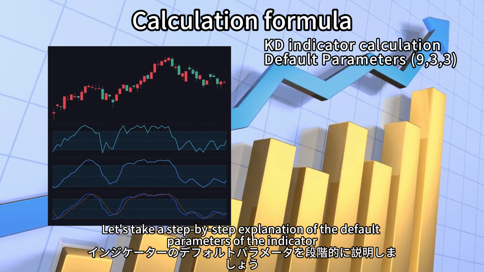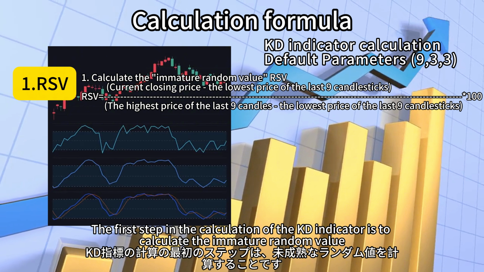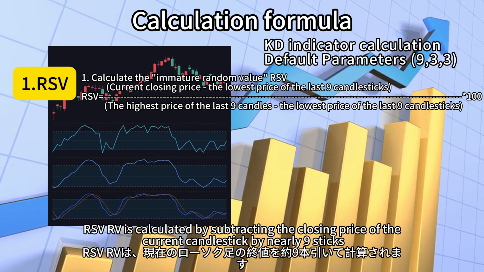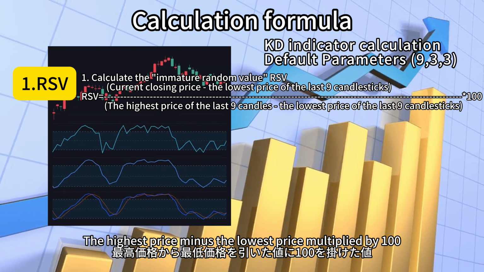Let's explain the default parameters of the indicator step by step. The first step in the calculation of the KD indicator is to calculate the immature random value, RSV. RSV is calculated by subtracting the lowest price of the last 9 candlesticks from the closing price of the current candlestick, dividing by the highest price minus the lowest price of the last 9 candlesticks, and multiplying by 100.